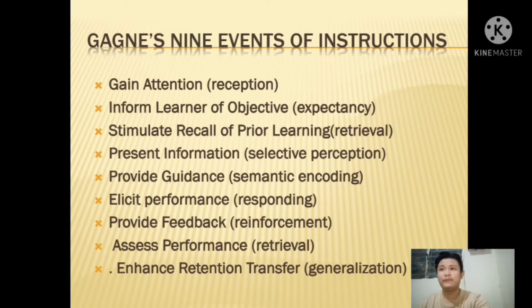The fifth one is provide guidance or semantic encoding. The sixth one is elicit performance or responding. The seventh one is provide feedback or reinforcement. Then the eighth one is assess performance or retrieval.